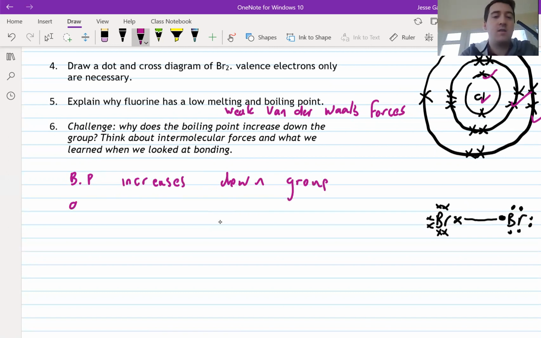as the larger atoms, and a key phrase coming up, you should have said, have more electrons.